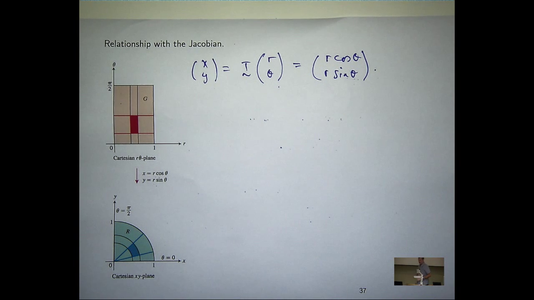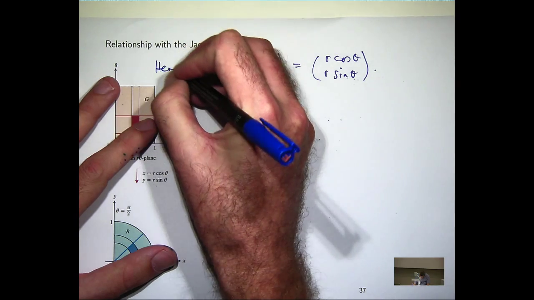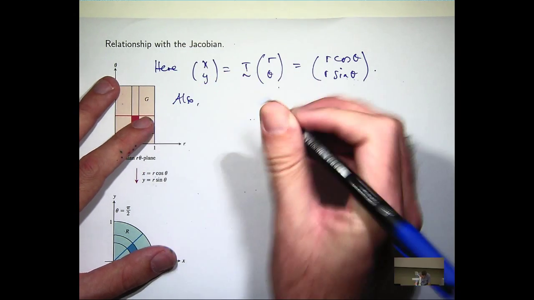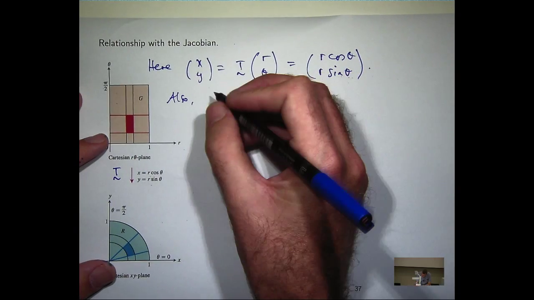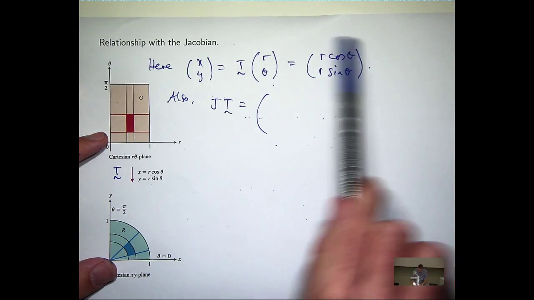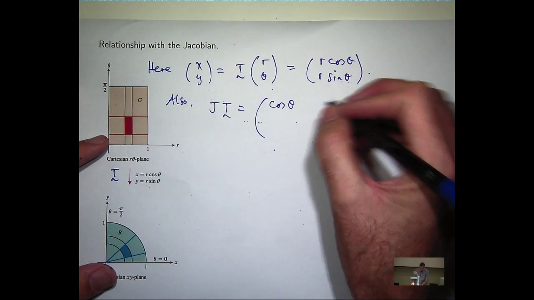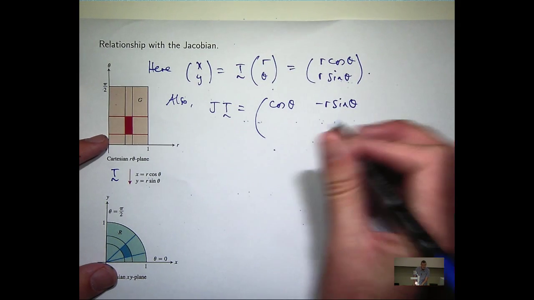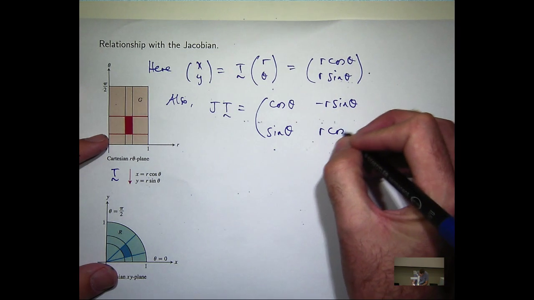Now, let's look at the Jacobian of this matrix on the right. You can think of this as the mapping T. If I calculate the partial derivatives, I'll get this.